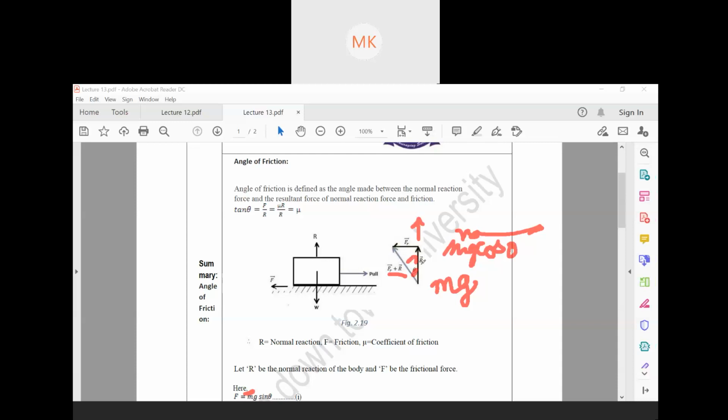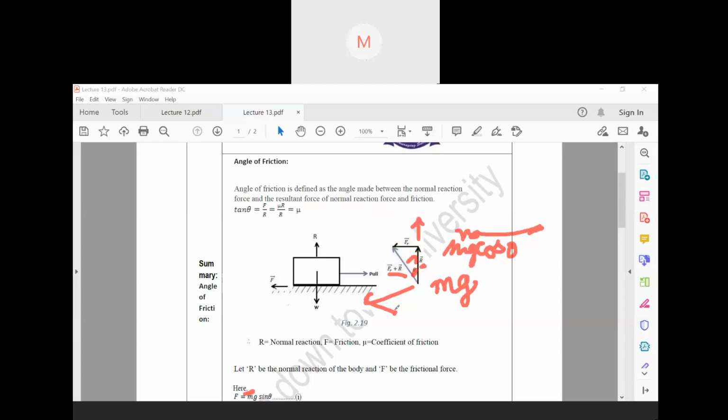So mg cos theta will be this side. We already know that this is R, right? So we can write R equal to mg cos theta. Similarly, if you put this here, in this direction, then it will be mg sin theta.